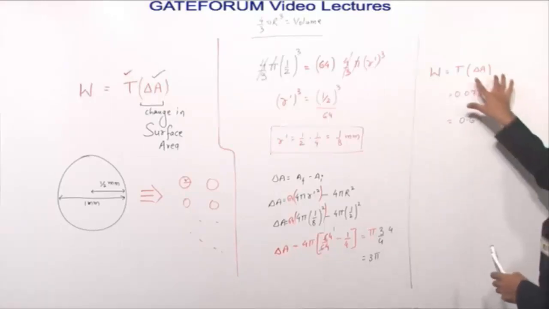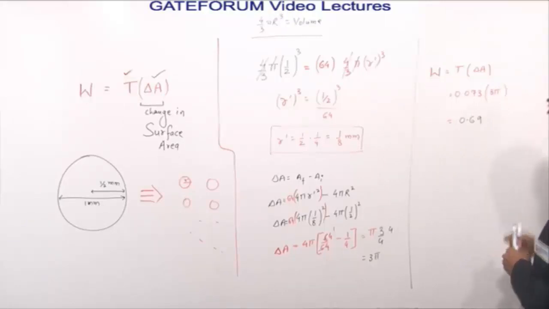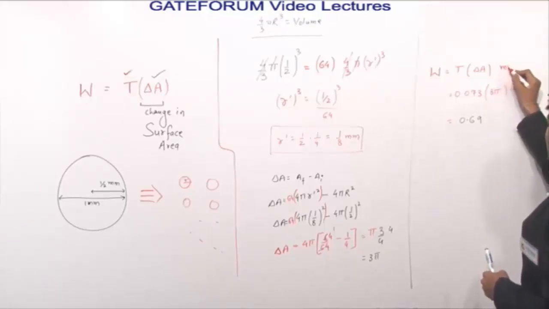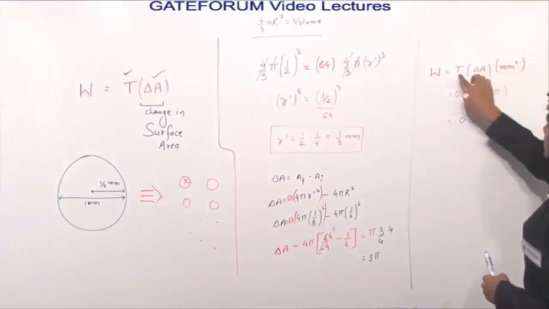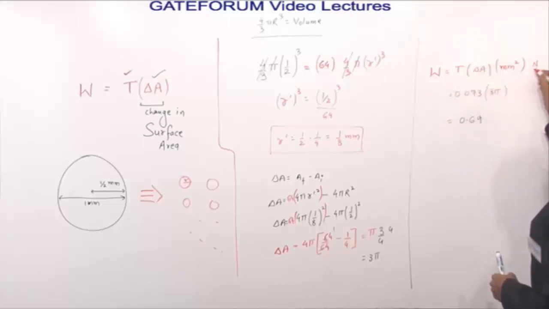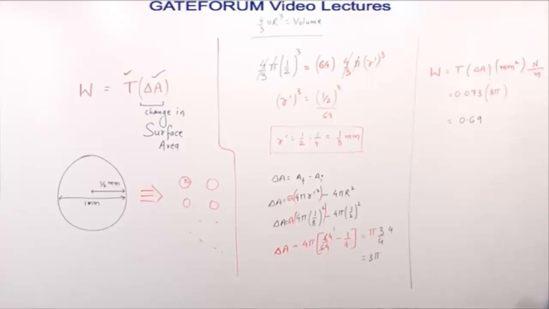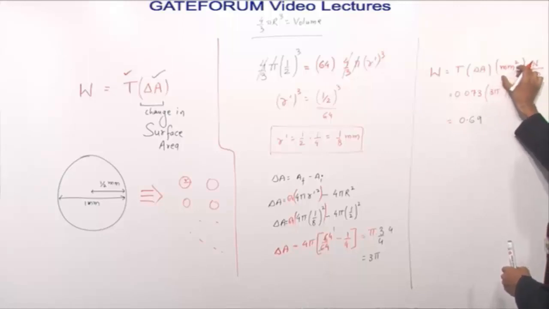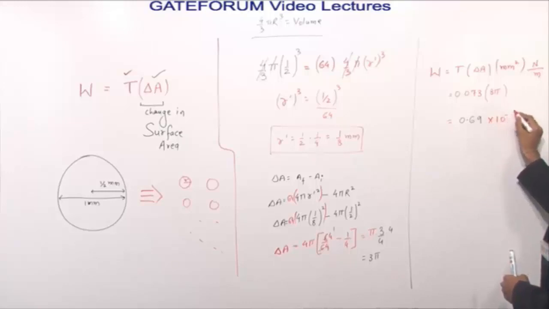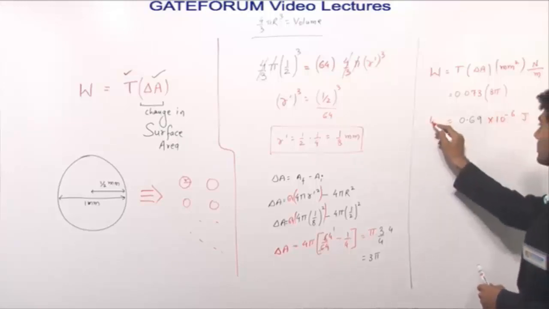Now, this area is in mm square. The surface tension is in Newton per meter. So you can convert this mm square to meter square. For that, you need to multiply this particular number by 10 power minus 6, so the answer is in 10 power minus 6 joules.